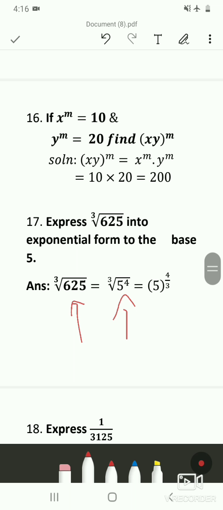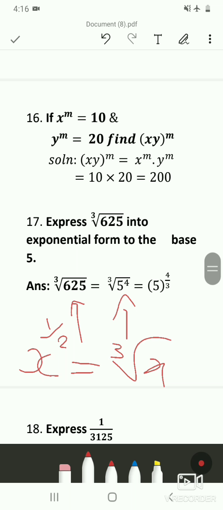Then as we had seen in the I guess 11th problem, x raised to 1 by 2 is nothing but square root of x. So here it is cube root of x, so you can write it as x raised to 1 by 3.